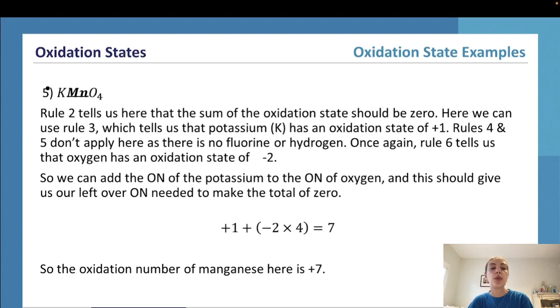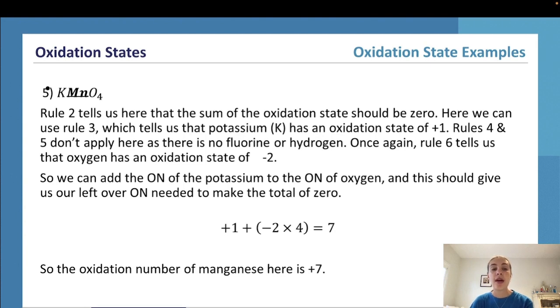We can then use rule 3, which tells us that potassium has an oxidation state of +1, because rule 3 tells us that our group 1 metals, such as potassium, have an oxidation state of +1.